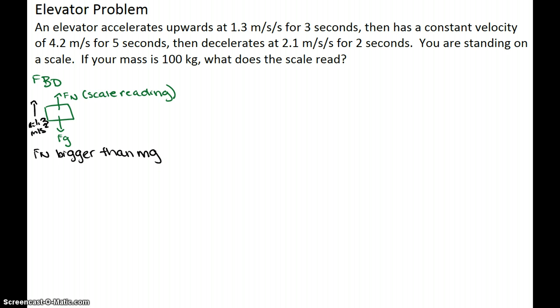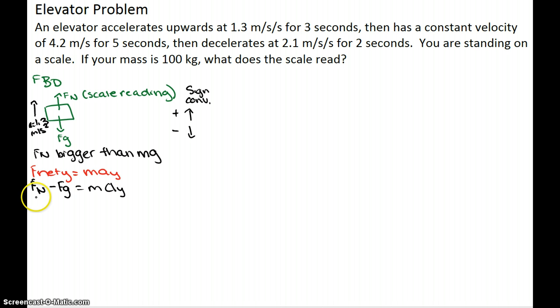Using Newton's second law, F net in the y direction equals m a_y. For our sign convention, let's have up be positive and down be negative. So we have the normal force acting up, minus our weight pulling down, equals our mass times our acceleration.